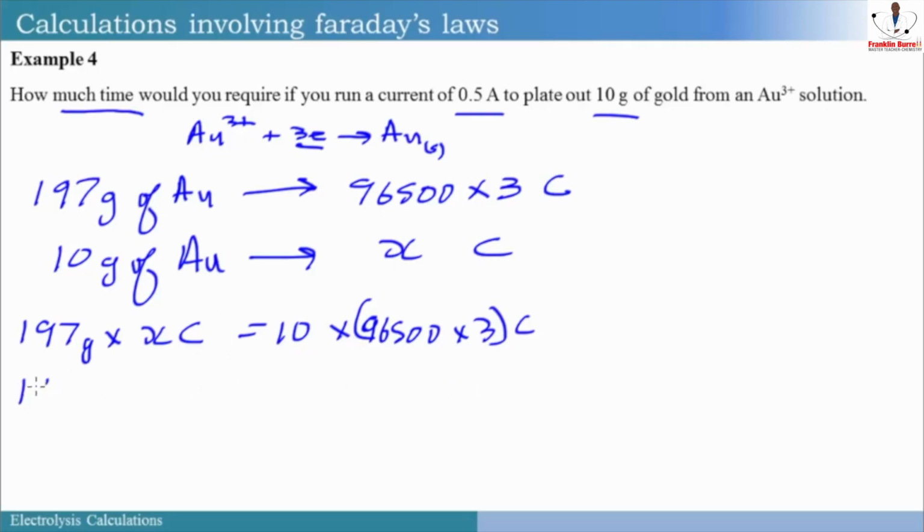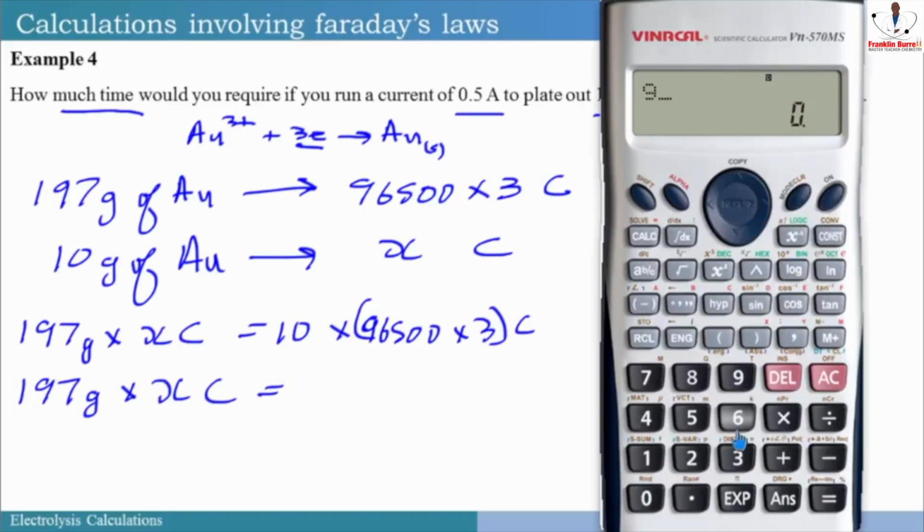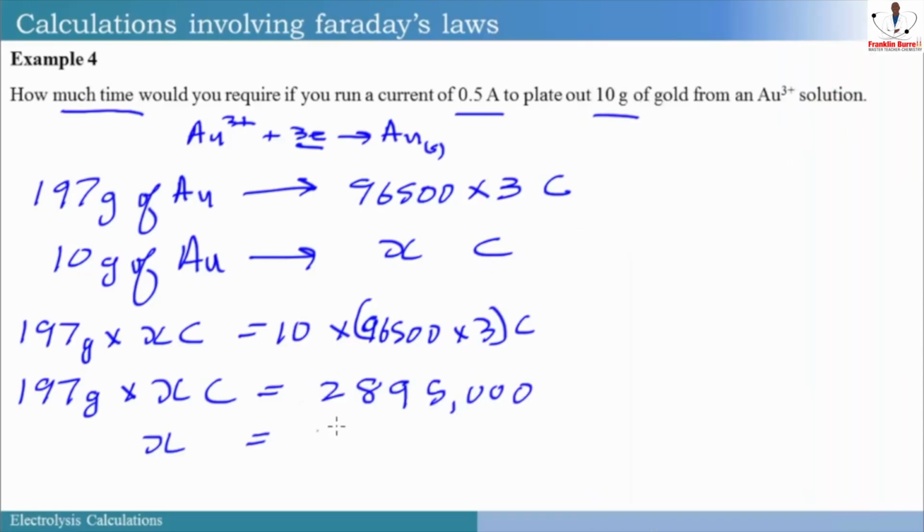So we'd have 197 grams times X coulomb is equal to 96500 coulombs times 3, which is equal to 289,500 times 10. And that would now give us this value here. Now we need to divide this value by 197. Therefore, 289,500.